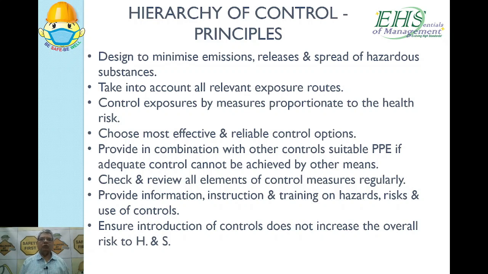So how should the control measure be? The extent of control measure or extent of mitigation plan is proportionate to the risk to your health. So an example is any vaccine manufacturing plant. There are core areas A, B, C, D, like that.